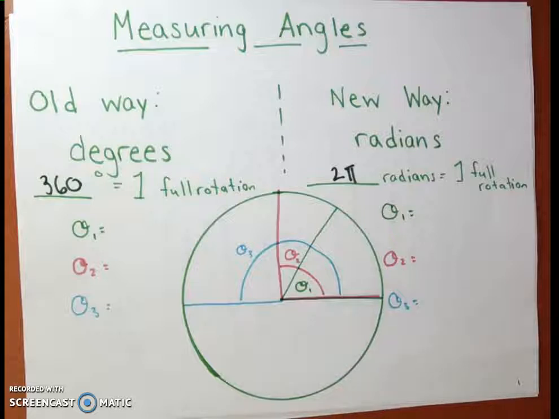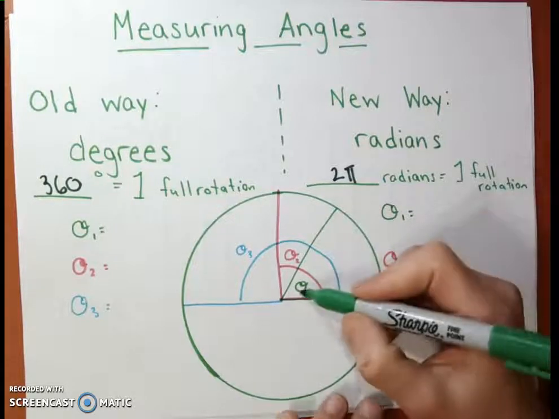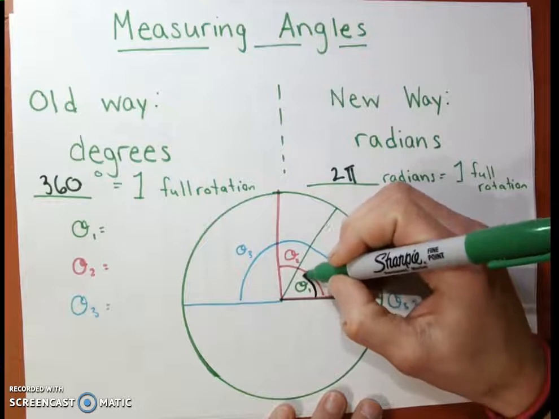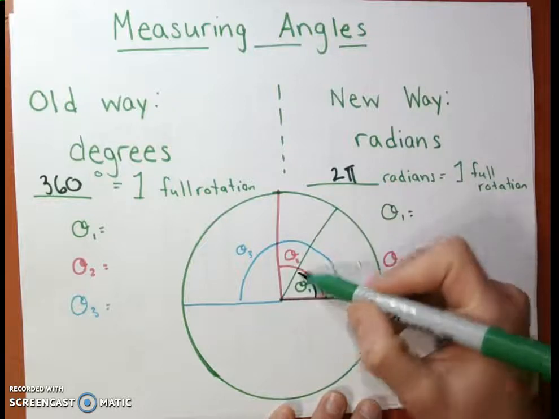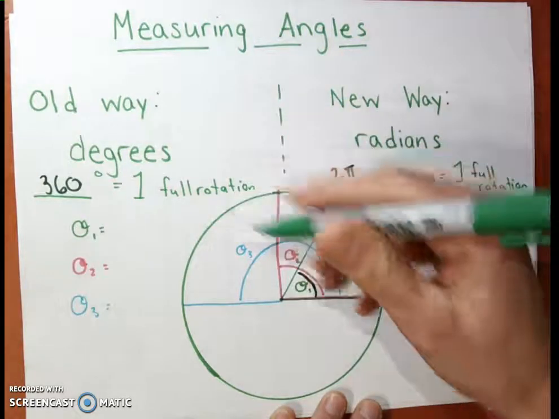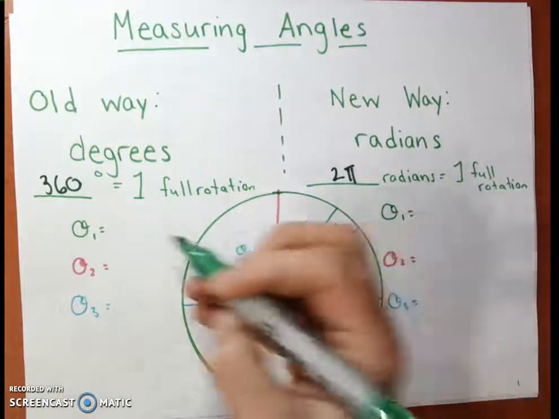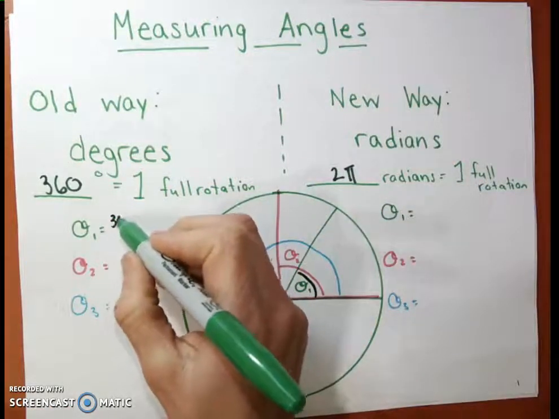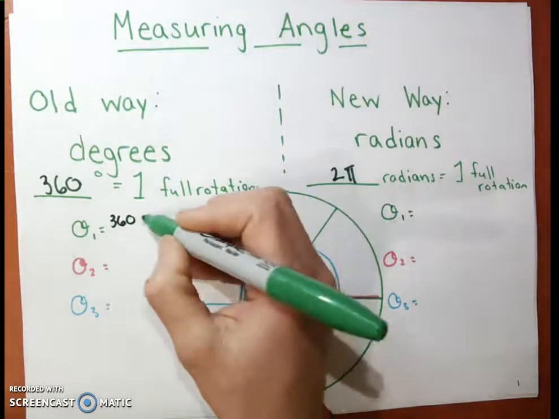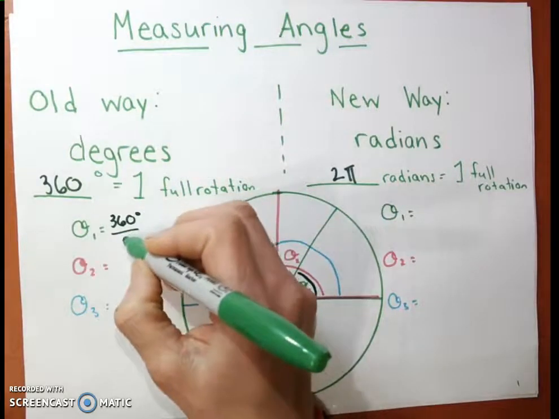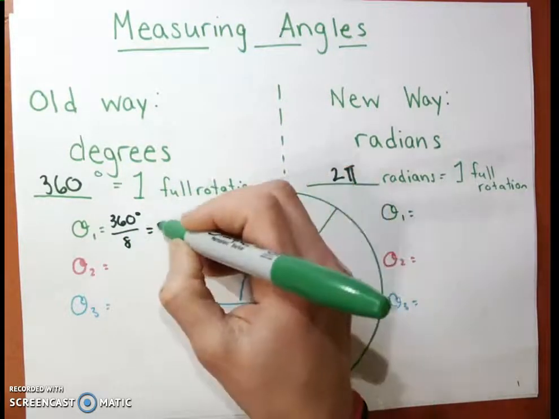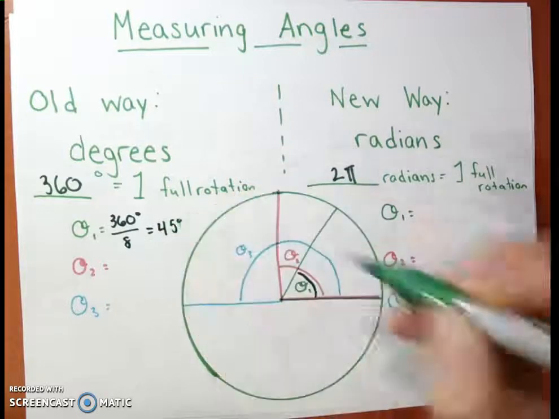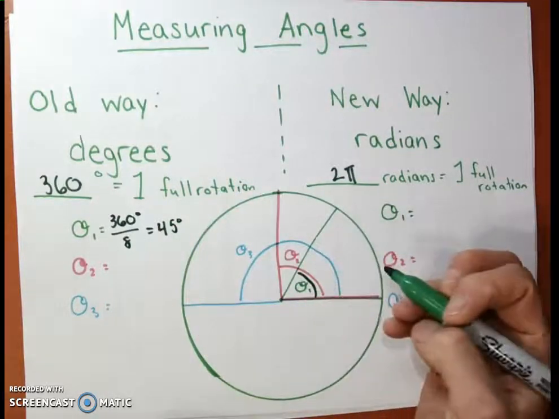So how does this help us to measure angles? Let's look at theta 1. I drew it in a little bit of a misleading way, but I wanted to draw it so that it's about 1/8 of the circle. So if we separate all of the degrees of the circle into eighths, well, then 1/8 is 45 degrees. This is a 45-degree angle.